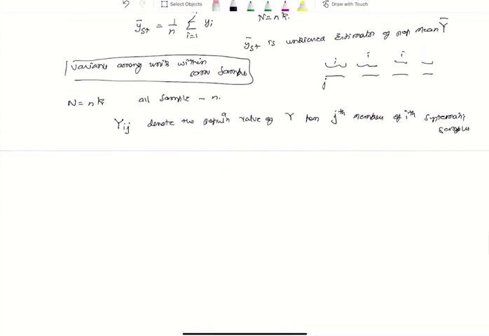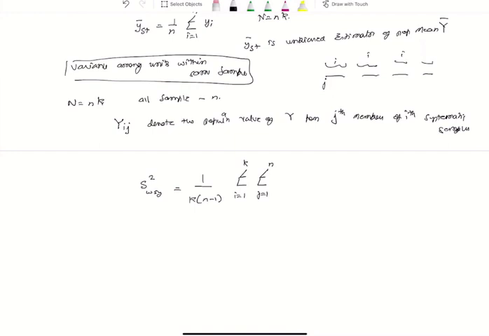So the within sample variance is called S square WSY. What would that be? This is going to be 1 over k(n minus 1), and we're going to do two summations: i is equal to 1 all the way to k, because there are k samples, and j is equal to 1 up to n, because each sample has n members.